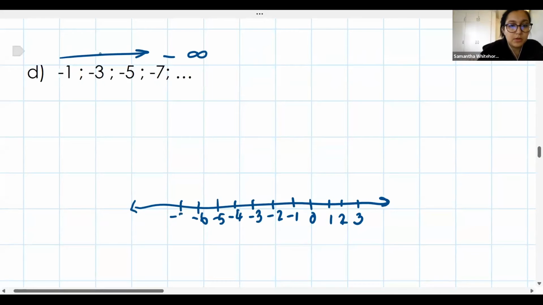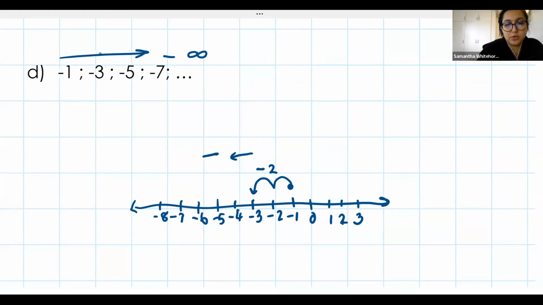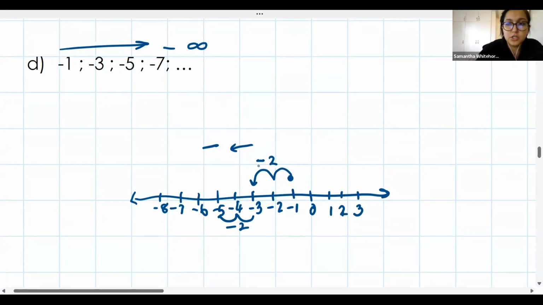It's not possible. So if we start at -1 and I go to -3, I'm moving to the left, so I'm subtracting, and I'm subtracting 2. If I go from -3 to -5, I'm moving to the left and I'm subtracting 2. And so each time I'm subtracting another 2 and another 2 and another 2 to keep getting more and more negative.